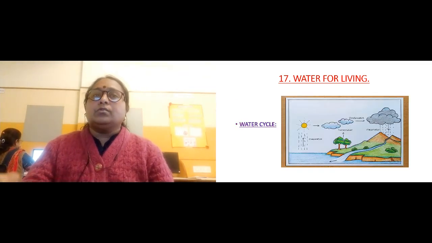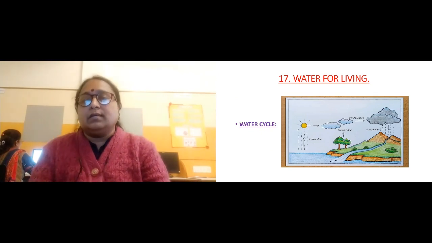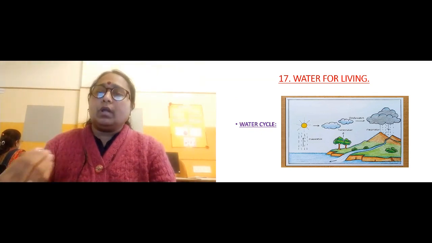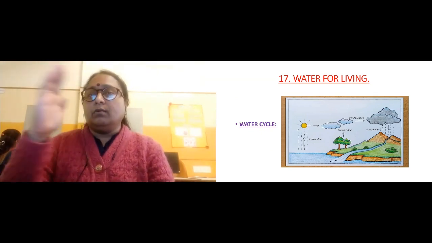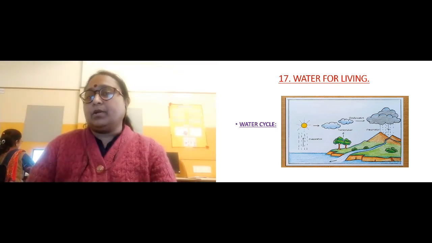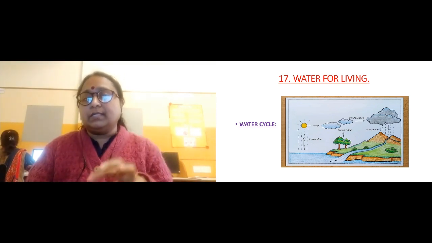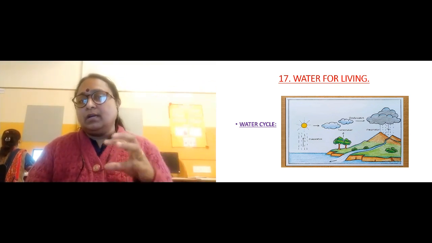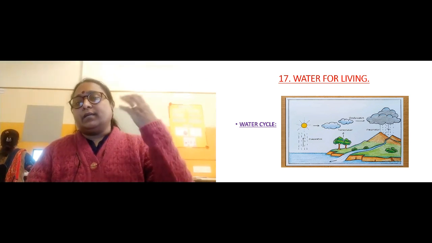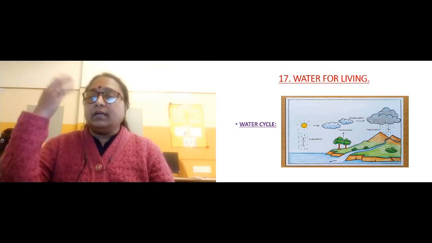Okay. So next we will be seeing about the water cycle. The water cycle is the process where the water evaporates from the sea, river, ocean, all the water bodies. Due to the heat of the sun, the water slowly evaporates, and it rises above and reaches the atmosphere.